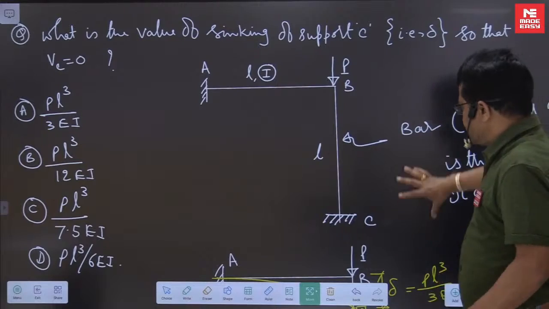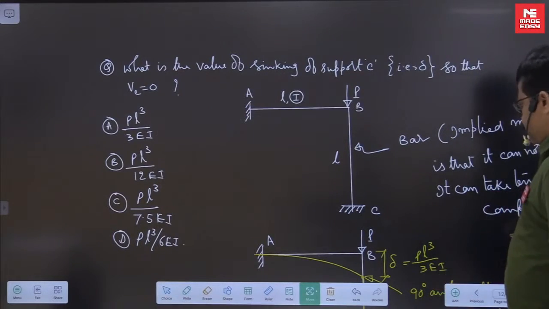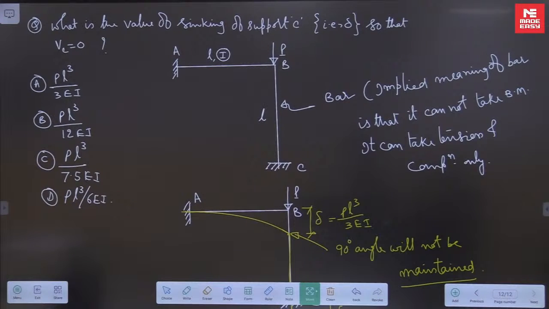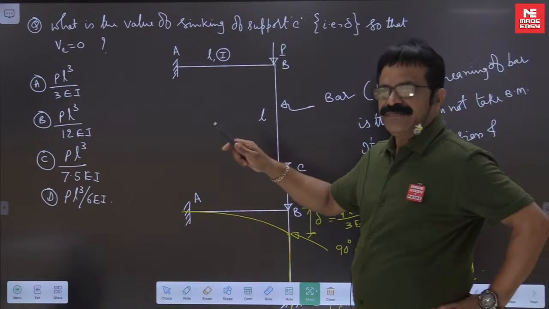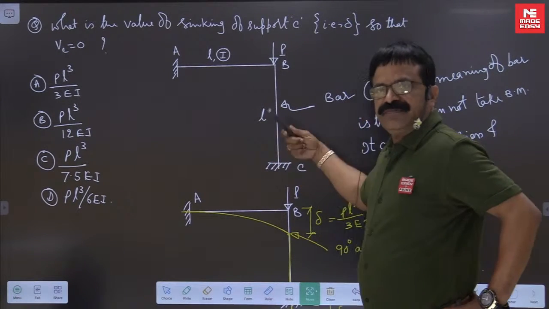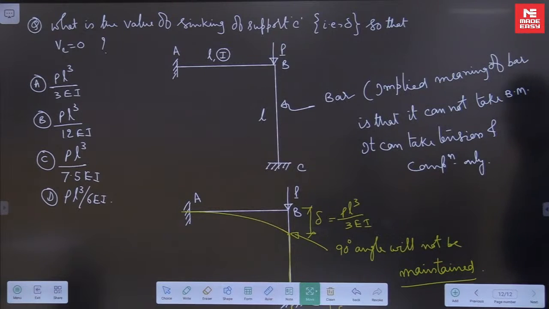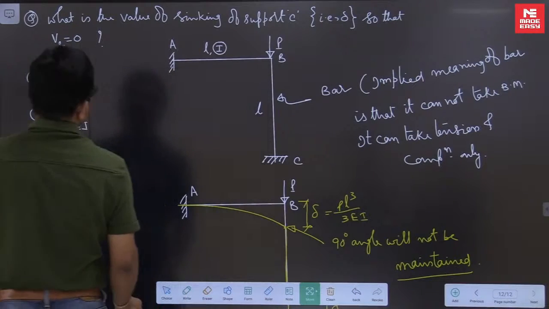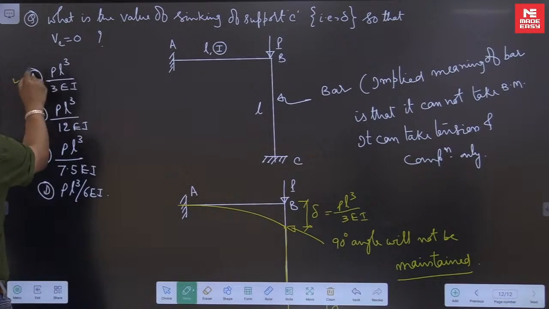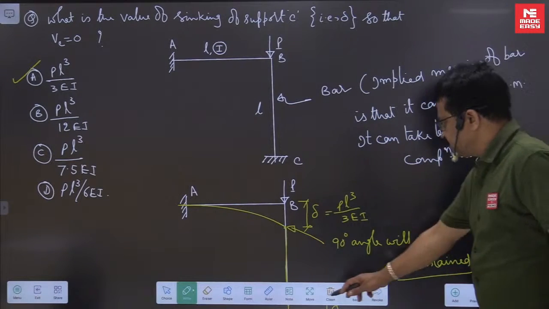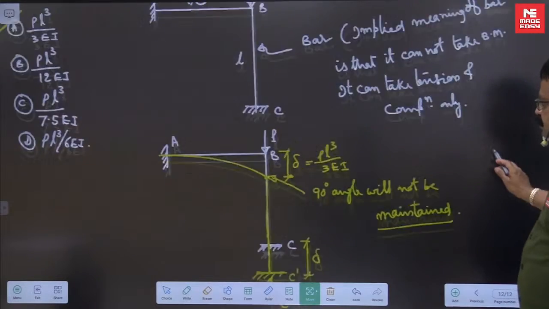Okay, this is the question. These are the points. In any problem, once they give you the word bar or link or rod, then moment is 0, you can take it, profile becomes like this. So for this case, the answer is PL cube by 3EI. If they mention the word bar, like this.